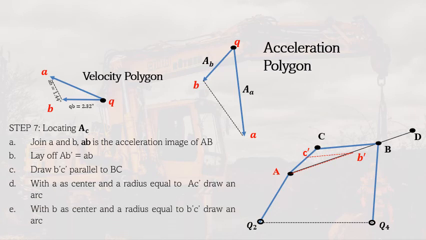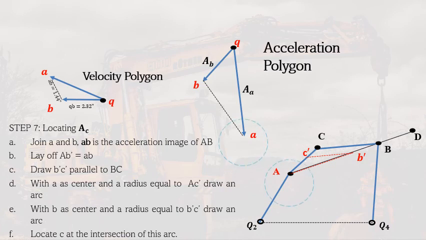Also with B as the center and a radius equal to B prime C prime, we draw another arc. So first we draw an arc with A as the center and the radius is AC prime. This AC prime here, and point A is the center because we wanted to measure the distance AC in our acceleration polygon. And then we locate C at the intersection of this arc.